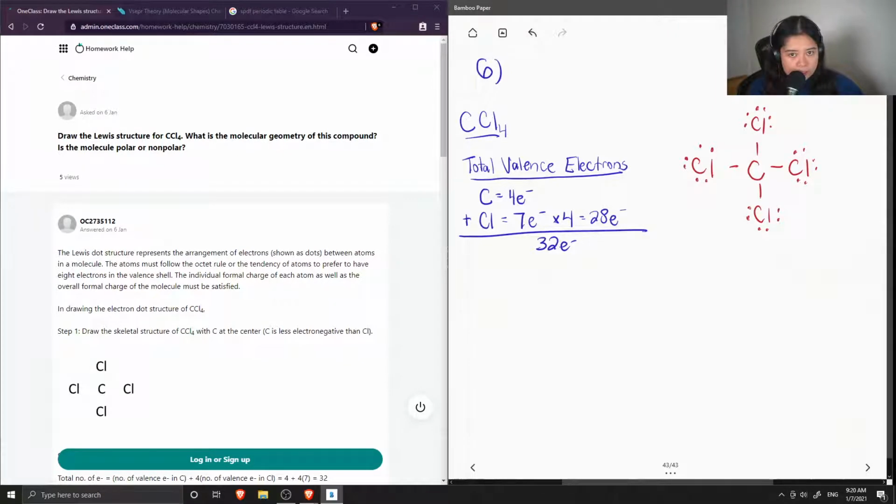So now the second part of the question asks, what is the molecular geometry of this compound? To help us answer this question, we're going to use the VSEPR theory.